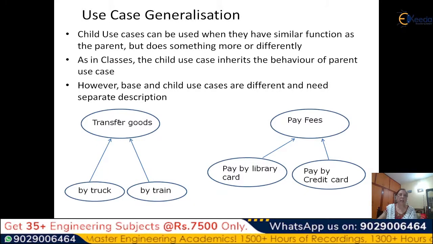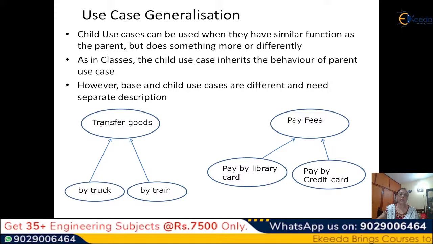Just like in a class, you have all done object-oriented programming and written object-oriented code. You know that when you define some classes, you define some higher level classes, and then you define lower level classes which are derived, which inherit the properties. They are child classes. Similarly, you can think of a parent use case and a child use case.